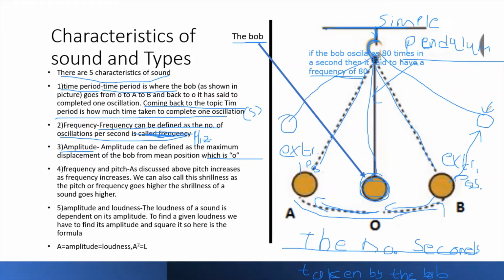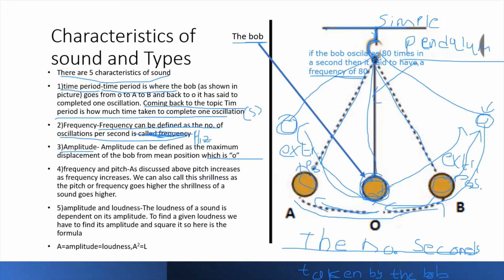If you pull the same bob all the way over here and release it, it will oscillate back all the way here, come back to the mean position, and go on completing the cycle over and over again. And so these extreme positions are all called amplitude.